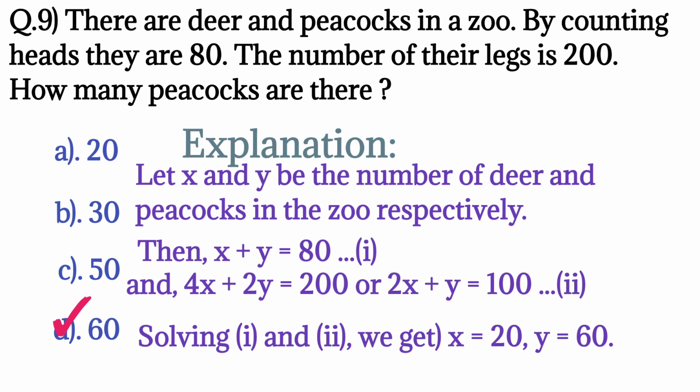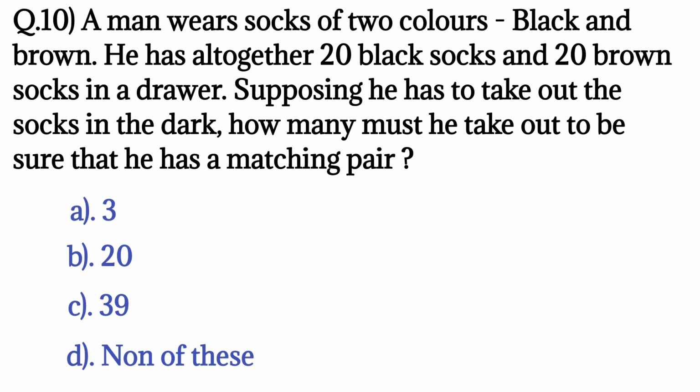Question number 10. A man wears socks of 2 colors, black and brown. He has altogether 20 black socks and 20 brown socks in a drawer. Supposing he has to take out the socks in the dark, how many must he take out to be sure that he has a matching pair?